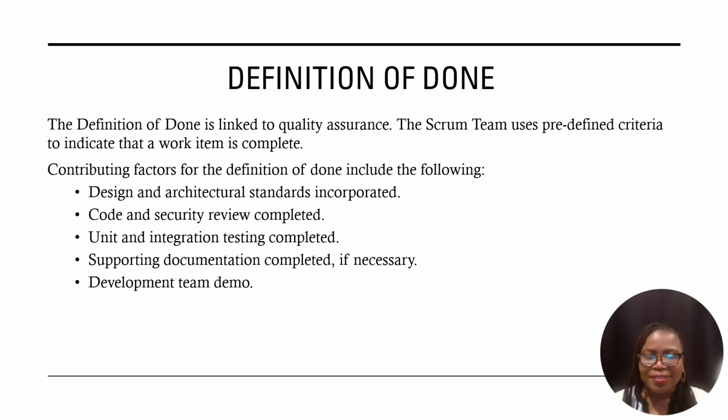So there are a set of contributing factors based on really your product life cycle within the organization and those specific tasks and even some documentation that's needed as a work item is developed, designed, and then worked and completed. So let's take a look at some on this list here.